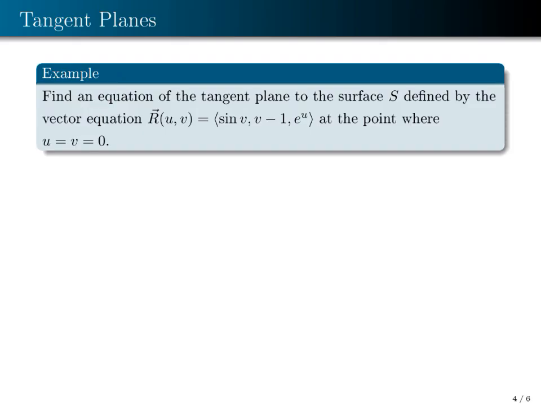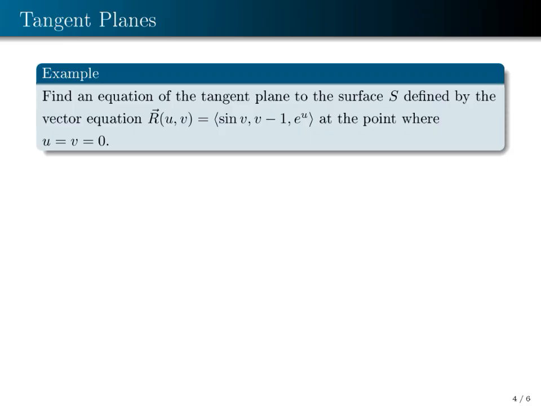Recall from Math 22 that you need two pieces of information to determine an equation of a plane. Those are a point on the plane and a vector normal to the plane. We start with the point on the tangent plane.